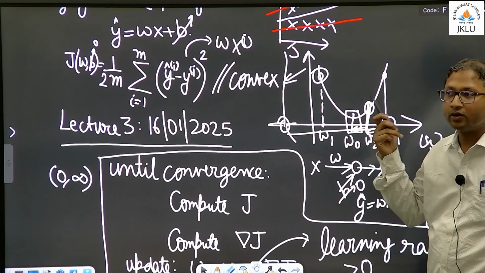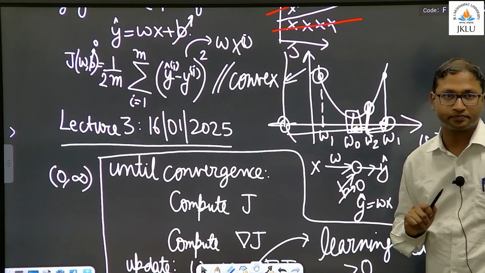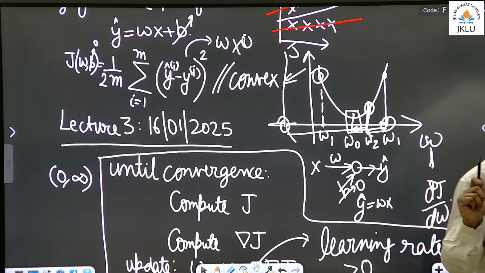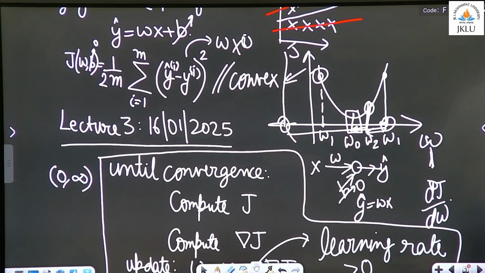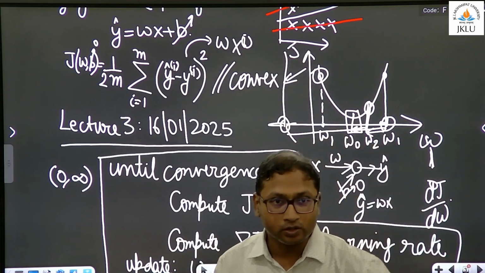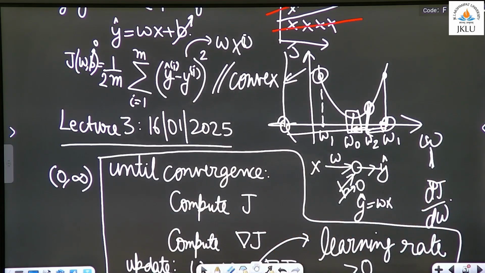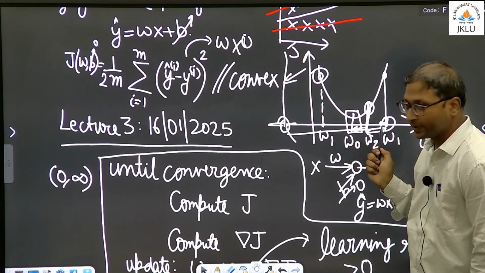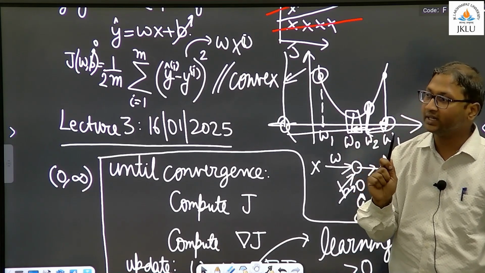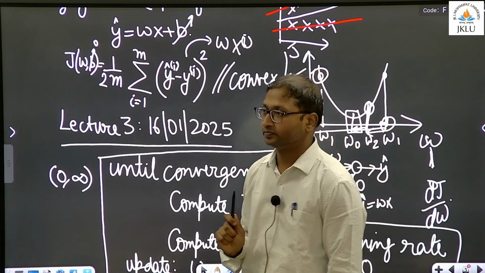What are your contours in this case? Contours means all those values of my variable where j takes the same value.